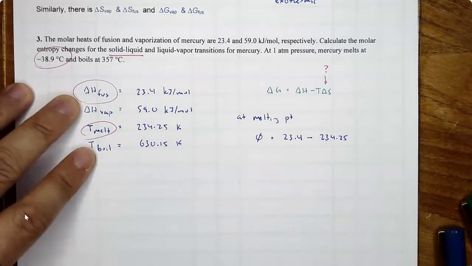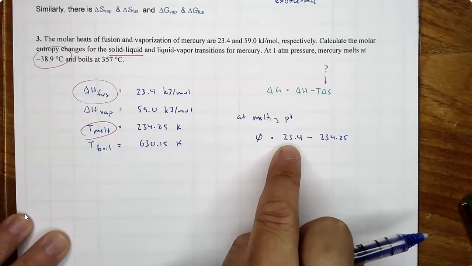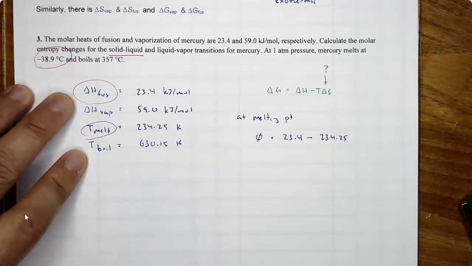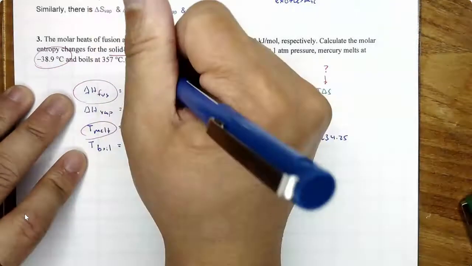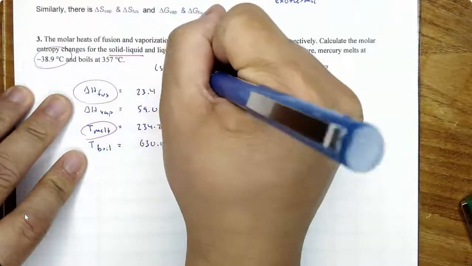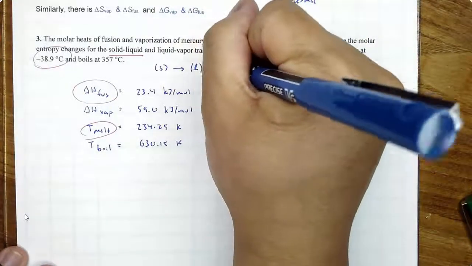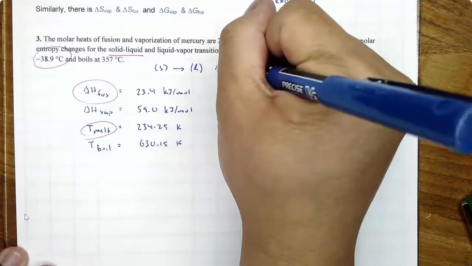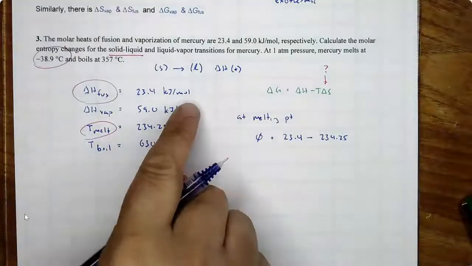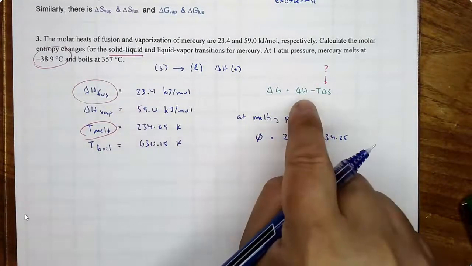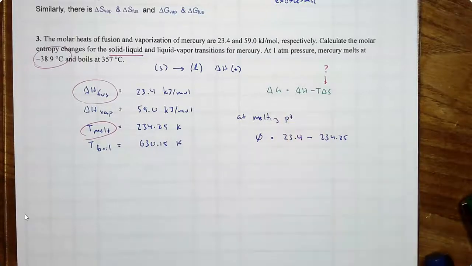I want to double check the sign of this enthalpy, because if I am looking from solid to liquid, I've got to double check that delta H is in the positive sign. So I'm literally just taking the heat of fusion. I think that makes sense.